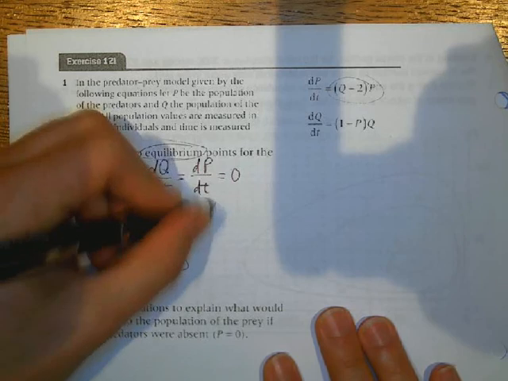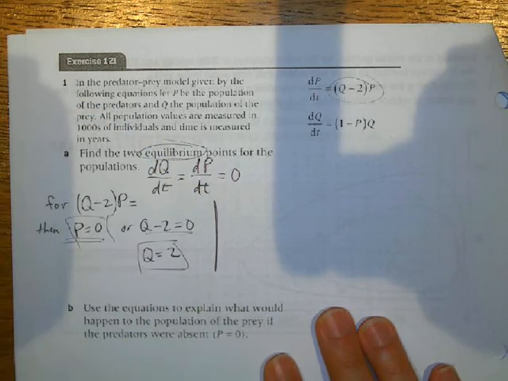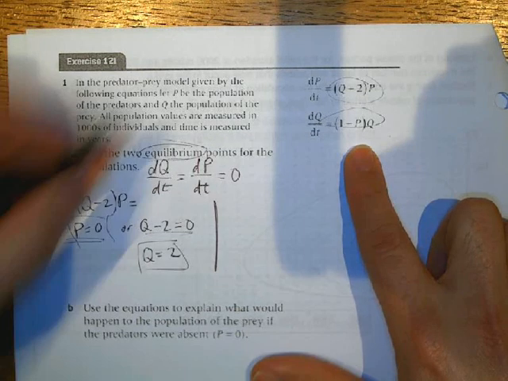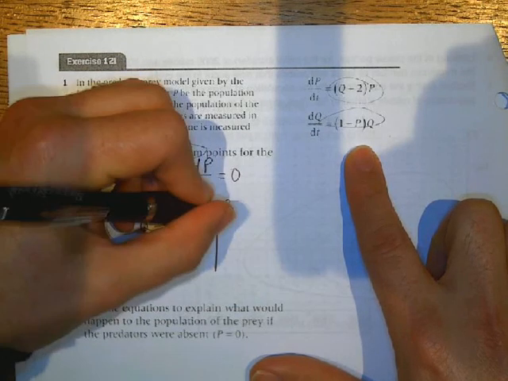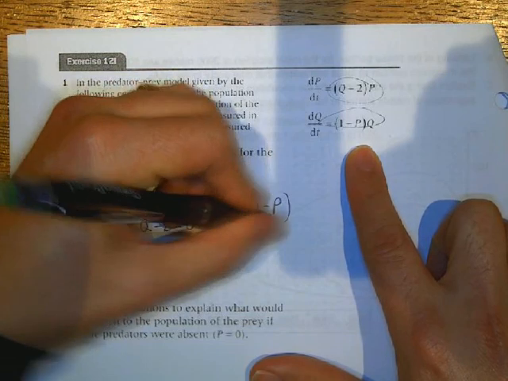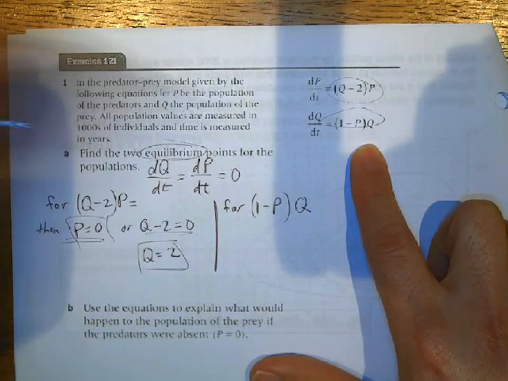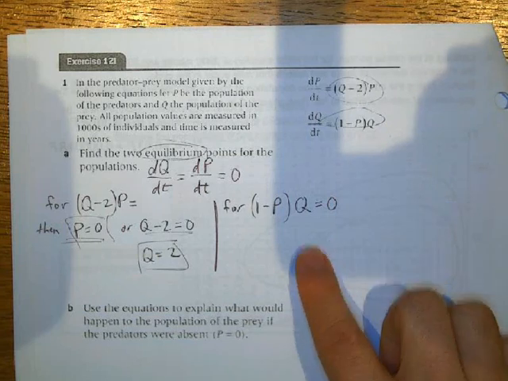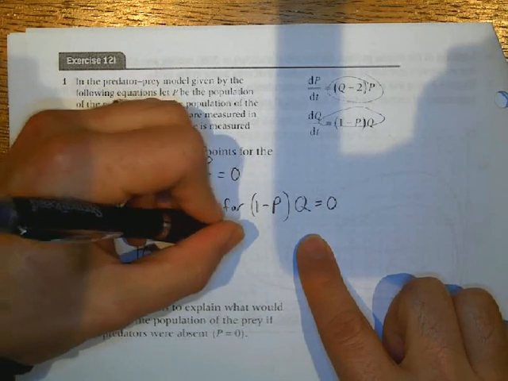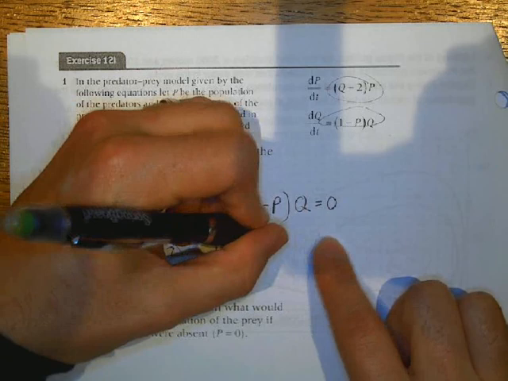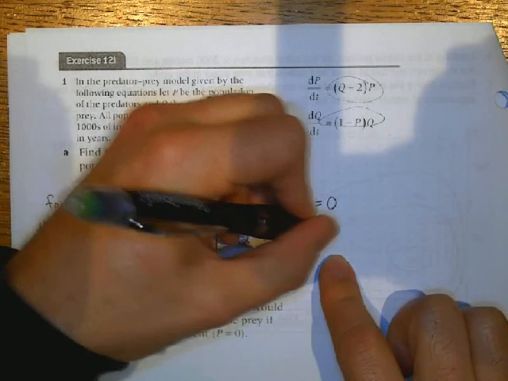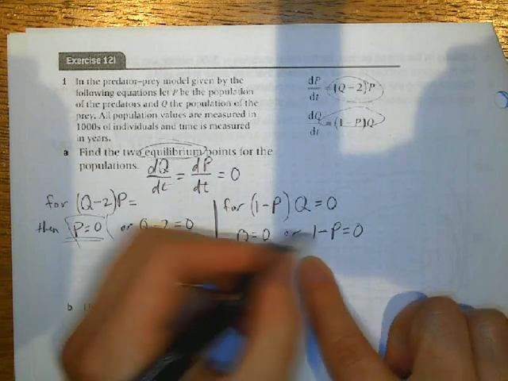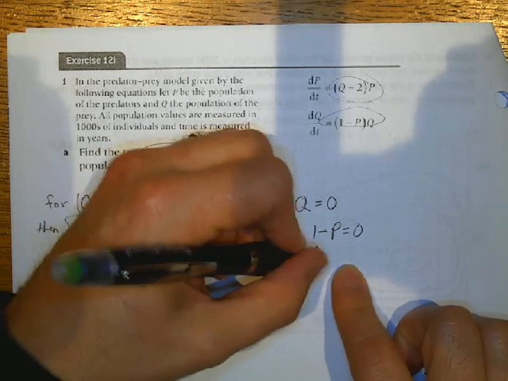In the scenario where this is at equilibrium, then I would have 1 minus P times Q equal to 0. So either Q equals 0 or 1 minus P equals 0. And then if I rearrange this, P would equal 1.